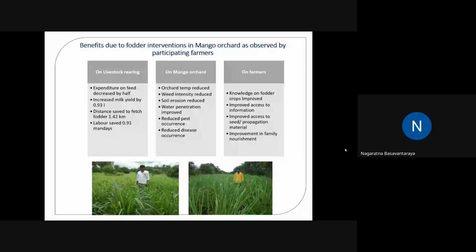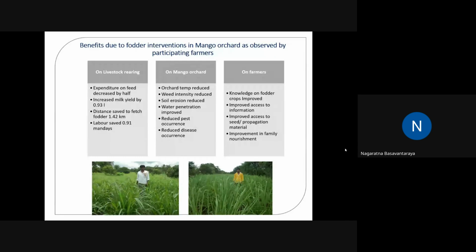When we introduced these crops, what benefits did the farmers actually get by cultivating these fodder crops in the interspaces? The first is on livestock rearing: they told us their expenditure on concentrate feed decreased nearly by half, a 50% direct reduction in the expenditure they were incurring on animal husbandry.